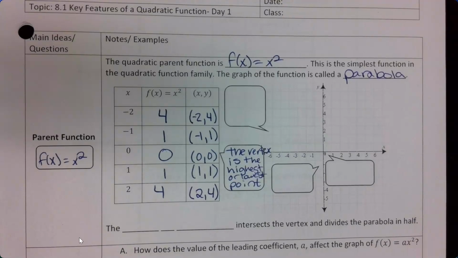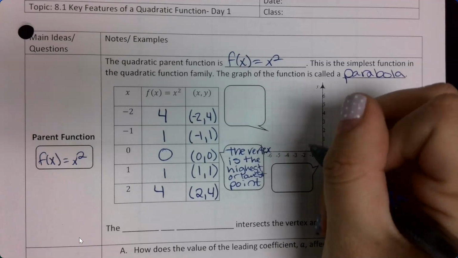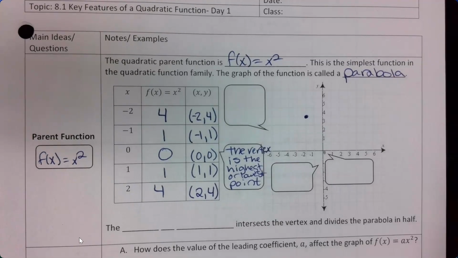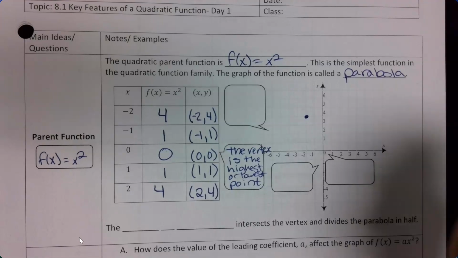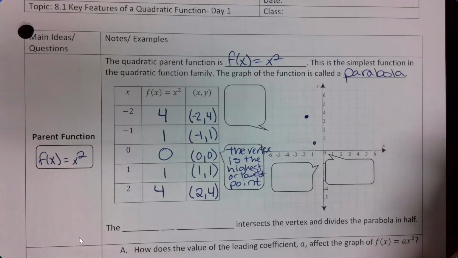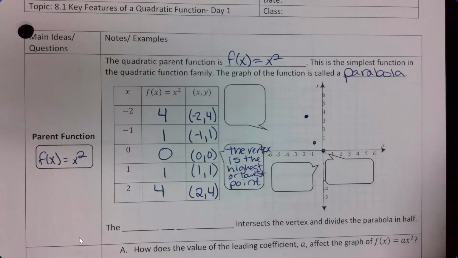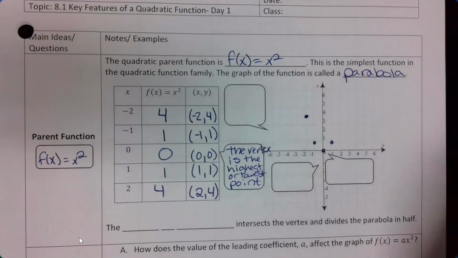Okay, then I want to go ahead and graph my points. So I'm going to start at -2, 4. That means I go left 2, up 4, and put a dot. Then I have -1, 1. So I go left 1, up 1. 0, 0. I stay at the origin. 1, 1. I go right 1, up 1.